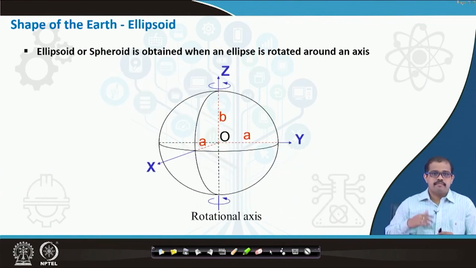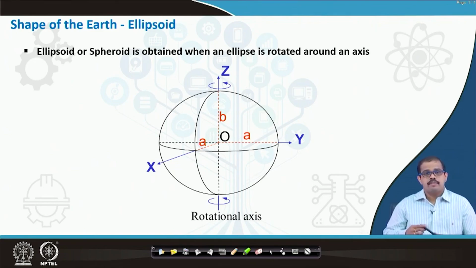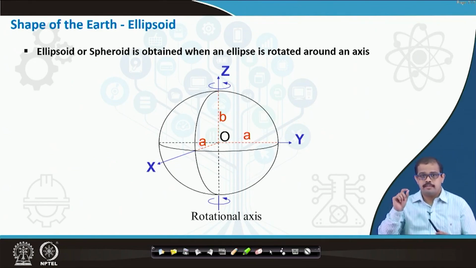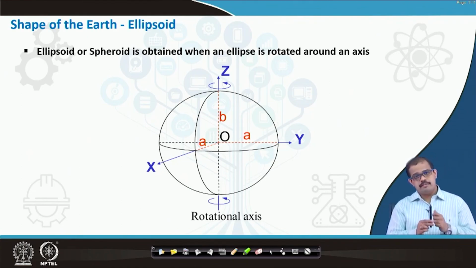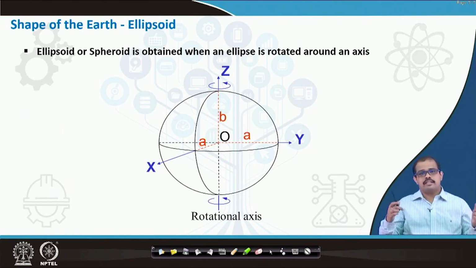If you want to represent a spheroid, an ellipsoid or a spheroid is obtained when, please be very specific here, an ellipse is rotated around an axis. You have an axis passing through the center of the earth, you rotate an ellipse across the rotational axis, and you get the output as a spheroid.